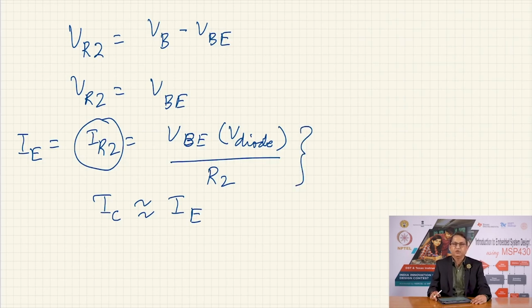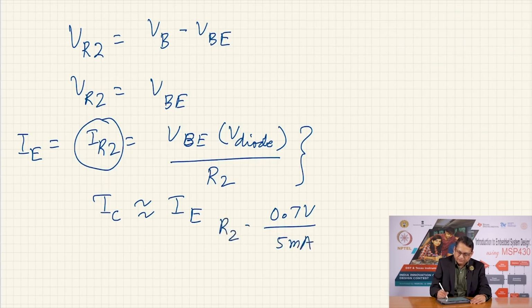So, this is a method to drive the LED with a constant current source equal to the value of VBE divided by R1, which is 0.7 divided by R1. Let us say I want 5 milliampere constant current through the LED. R2 is equal to VBE, 0.7 volts or 700 millivolt, divided by 5 milliampere.